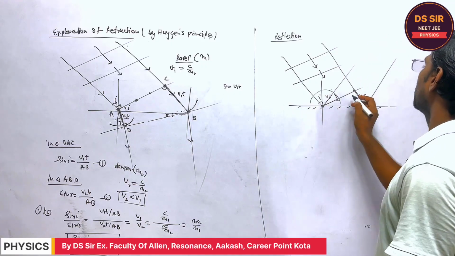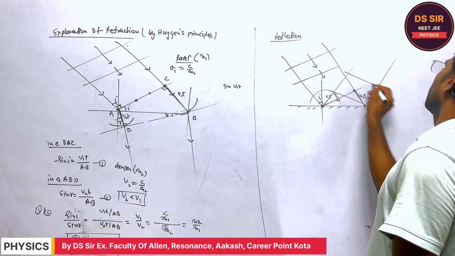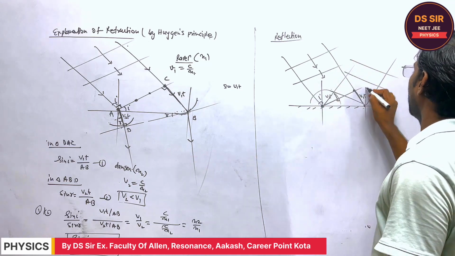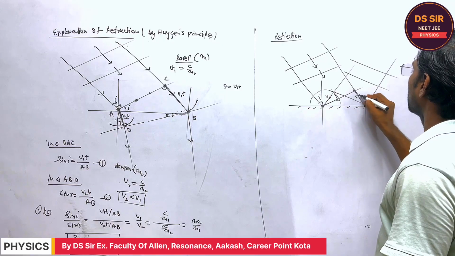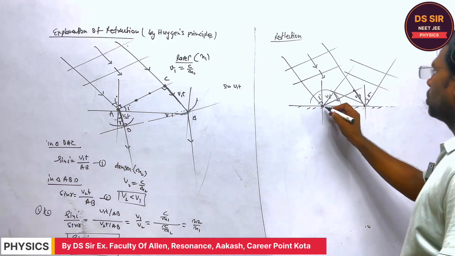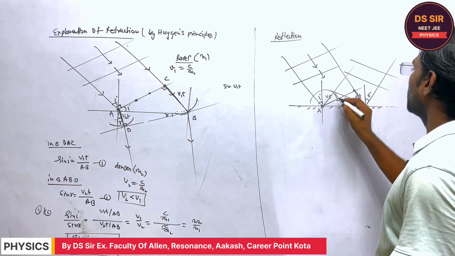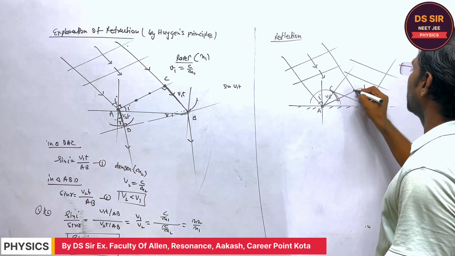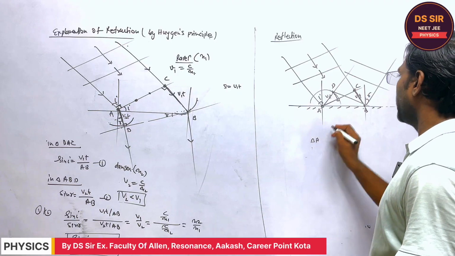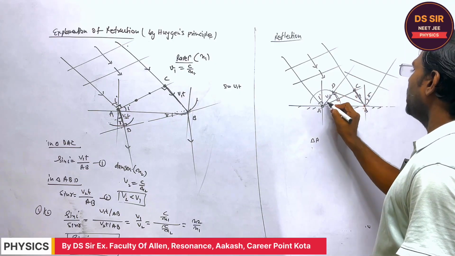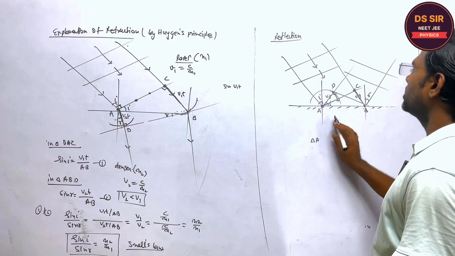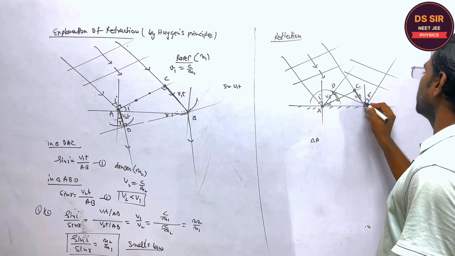So from here, the new position of the wavefront will be like this. If this angle is i and this is V1 T, this angle is r. Is it clear or not? So if I assume A, B, and this is C, and this is D. Right. So if this is i, this is 90 minus i, if this is r, this is 90 minus r.